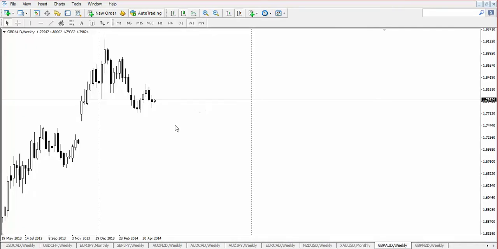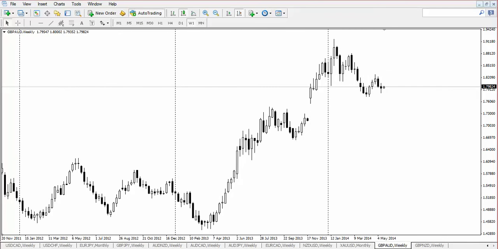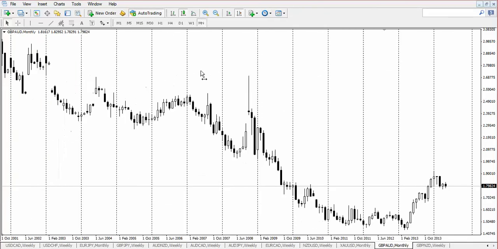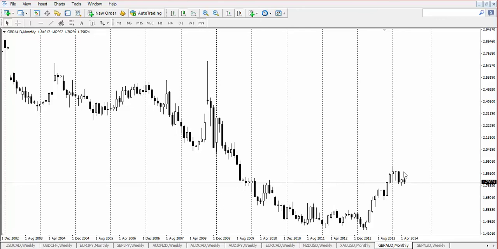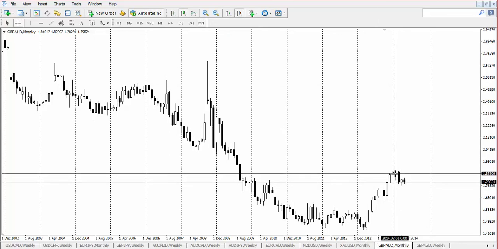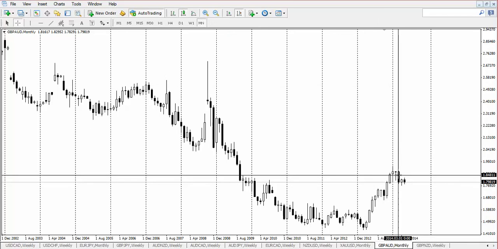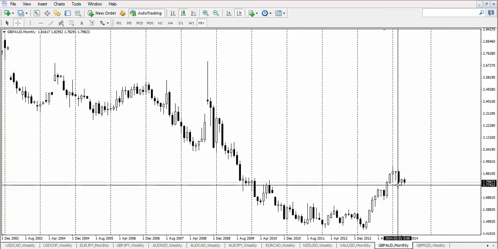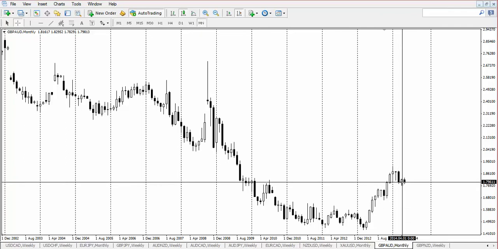And pound Aussie. Euro Aussie has already dropped significantly. Monthly chart shows big bears taking control back in March. So indecision last month.